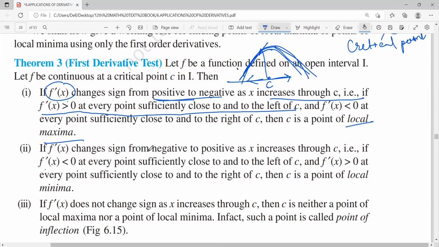Similarly, if it changes sign from negative to positive, f'(x) is less than 0 and then greater than 0, first negative and then positive, that is local minimum. And if it doesn't change its sign, then it is called a point of inflection.